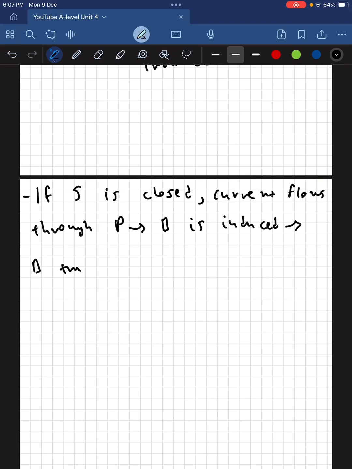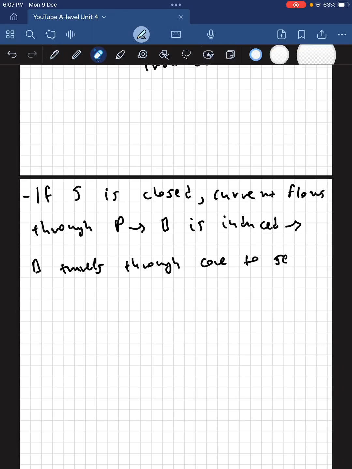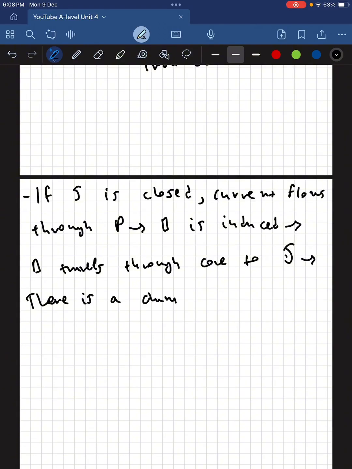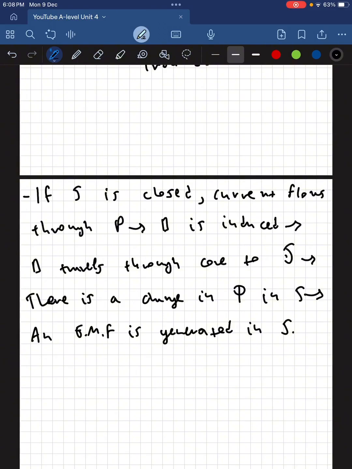B travels through the core to the secondary coil, let's call it S. There is a change in magnetic flux in S, therefore an EMF is generated in S.